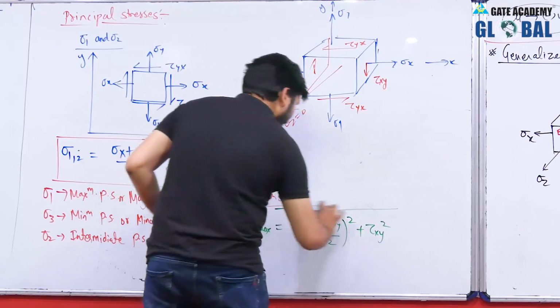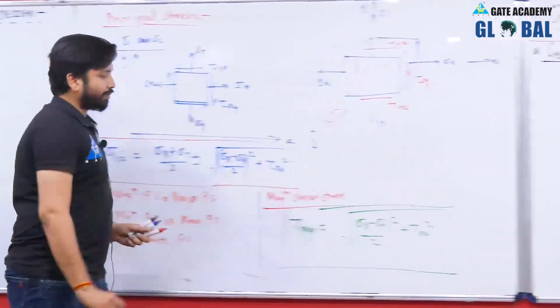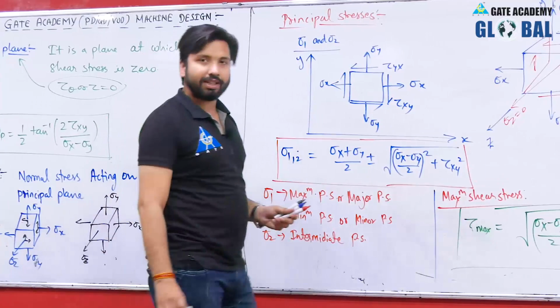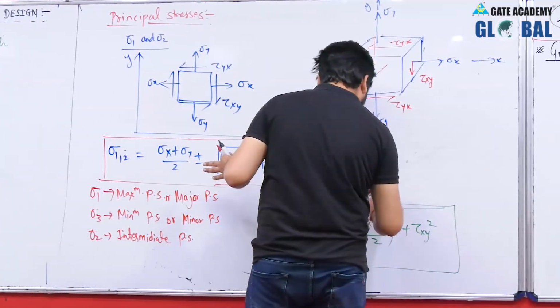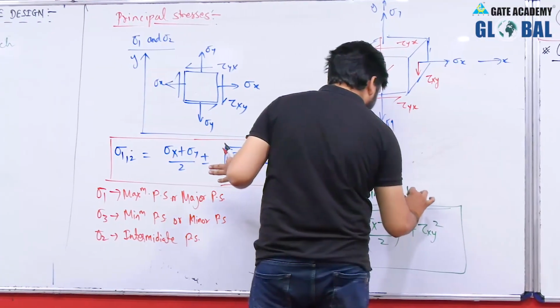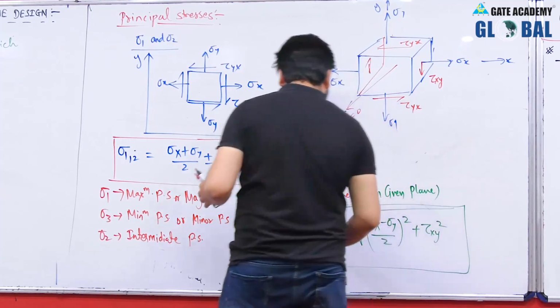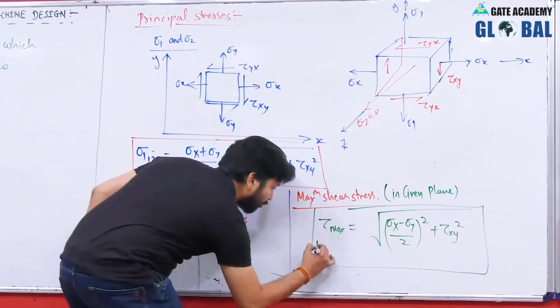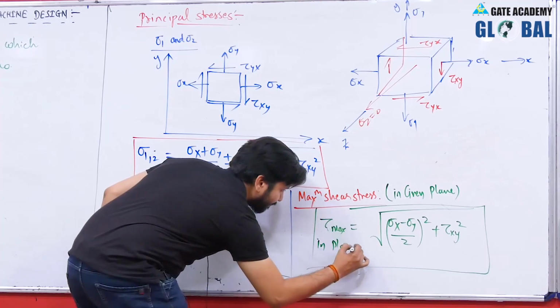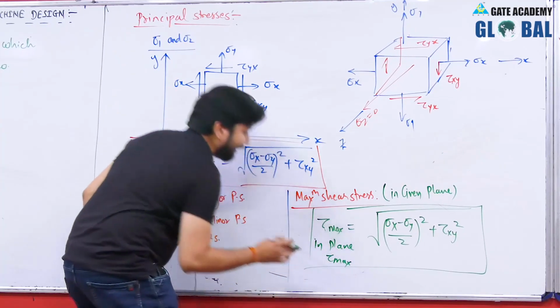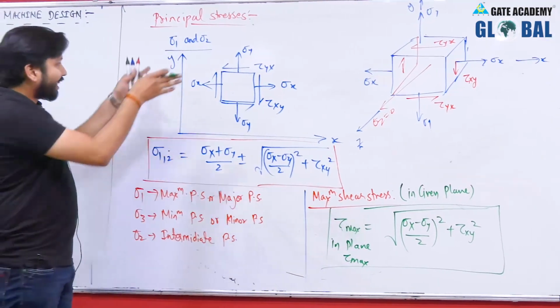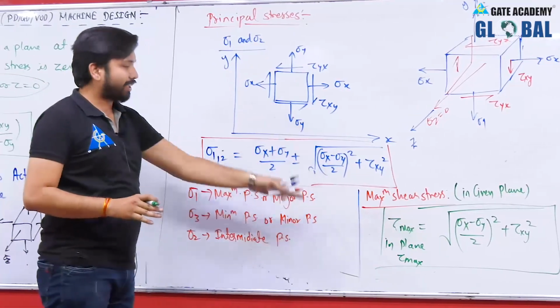This will be the maximum shear stress in the given plane. Hence, this is also known as in plane tau max, that is in plane maximum shear stress. So, for the given plane, that is xy plane, this will be the maximum shear stress.